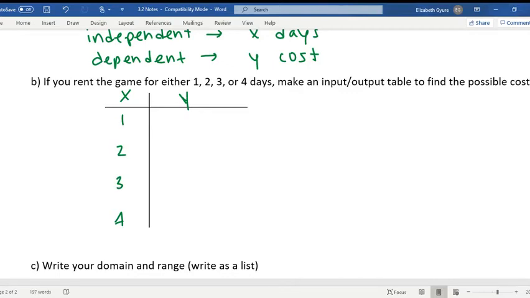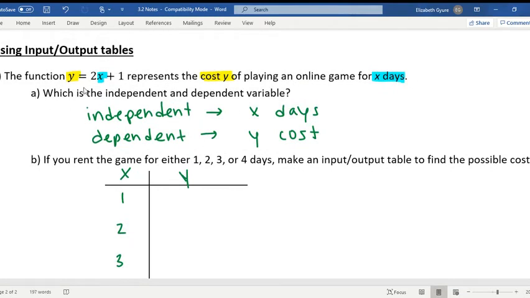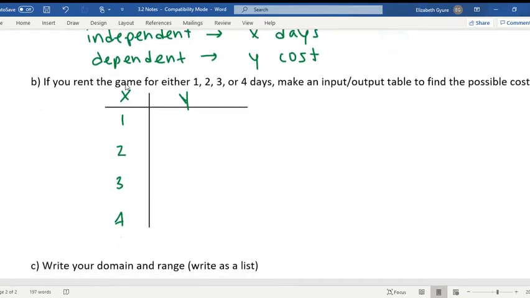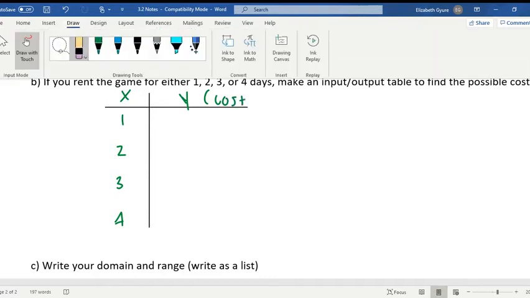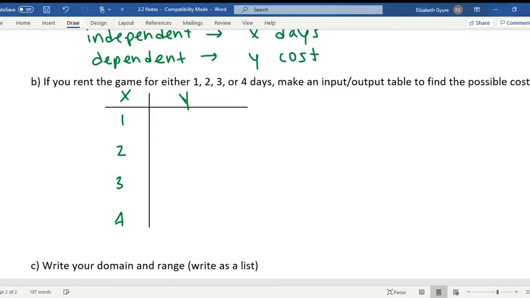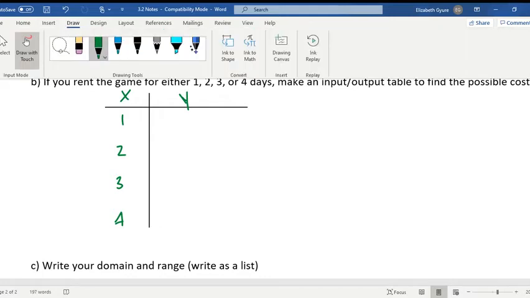Now we're going to plug these values into our equation. We were given the equation y equals 2x plus 1. So this is our days. We're going to plug it in to get y, which is our cost. Basically we're going to find out how much it costs to play this game for 1 day, 2 days, 3 days, 4 days.